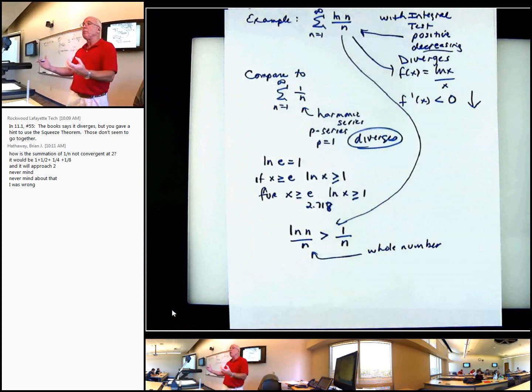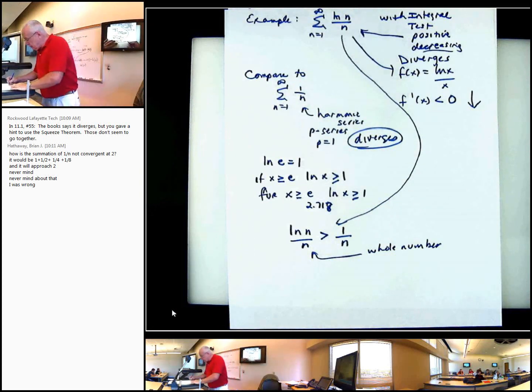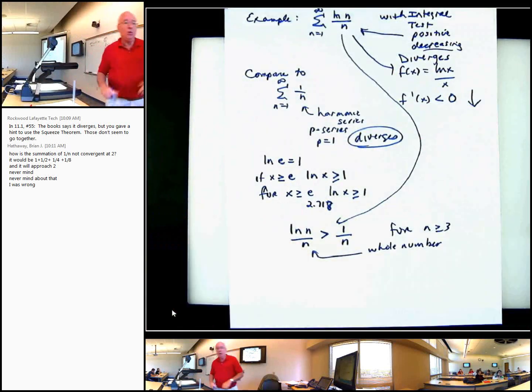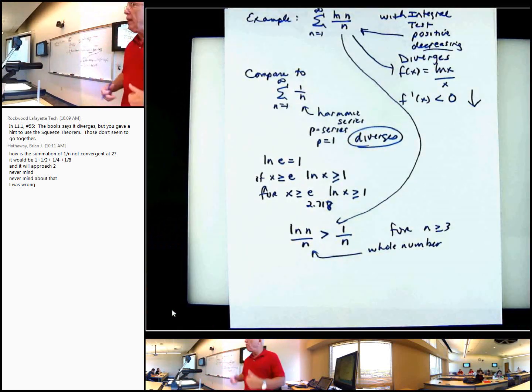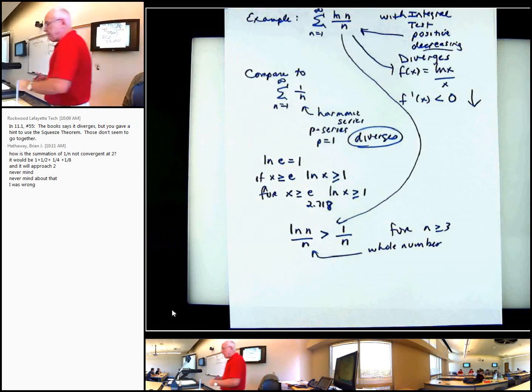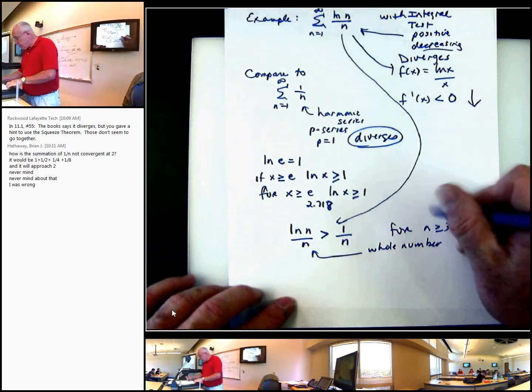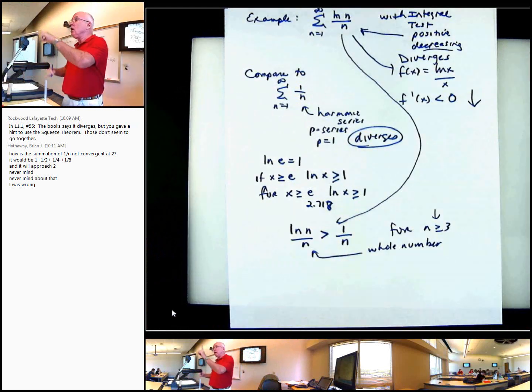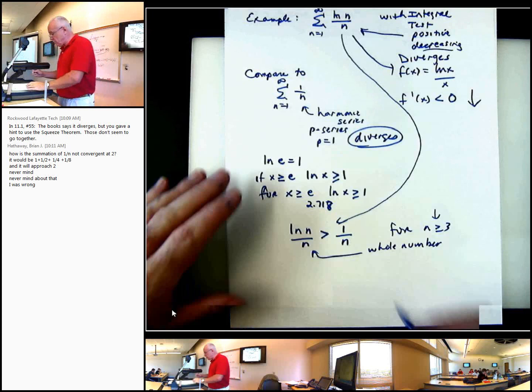So the whole number here would be 3. That's the next whole number up. So this is for n bigger than or equal to 3. We have that the ln of n over n is bigger than our 1 over n. Okay. And this here doesn't have to start at 1. It's okay for a couple of terms not to work out, but it doesn't have to start at 1.